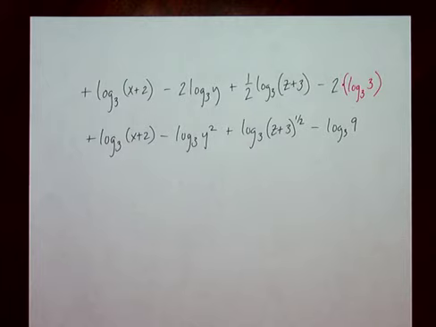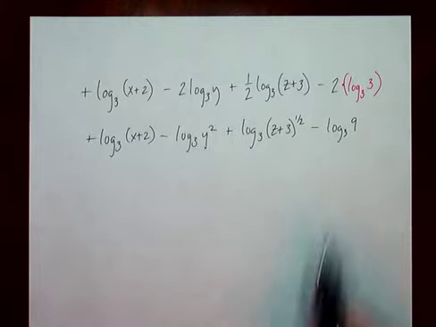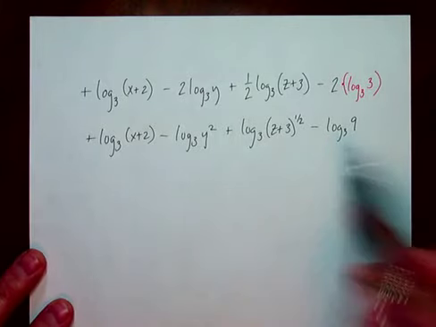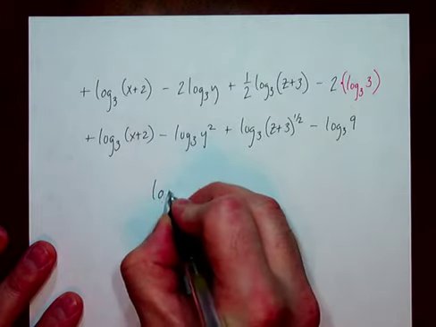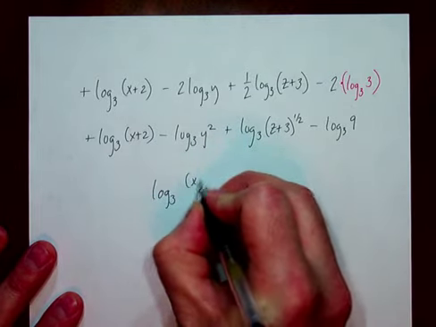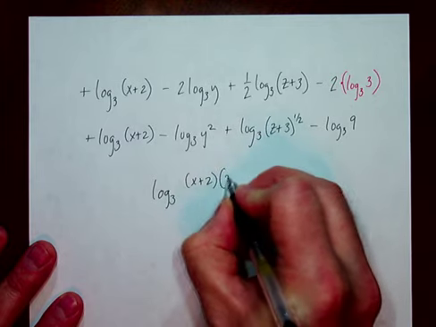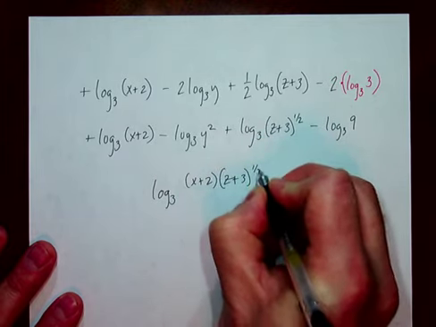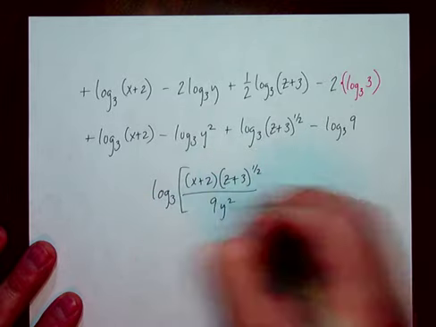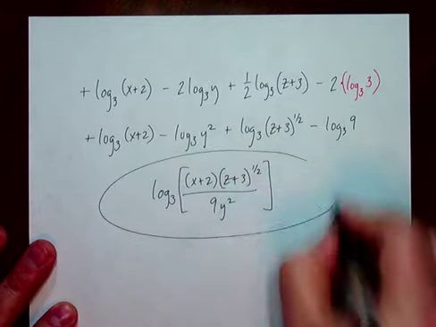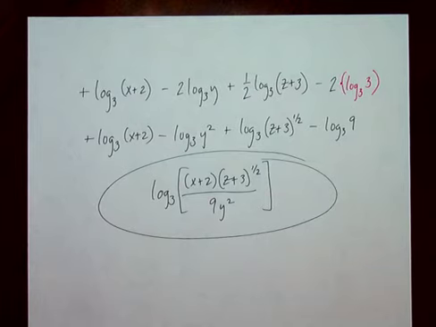It is simply an unevaluated logarithmic version of 2. And that's kind of what you were looking for, okay? And so I have 2 positive and 2 negative. I'm going to get log base 3 of x plus 2 times z plus 3 to the 1/2 over 9y squared, and that is how it would condense. That's how we would kind of put it together. Okay.